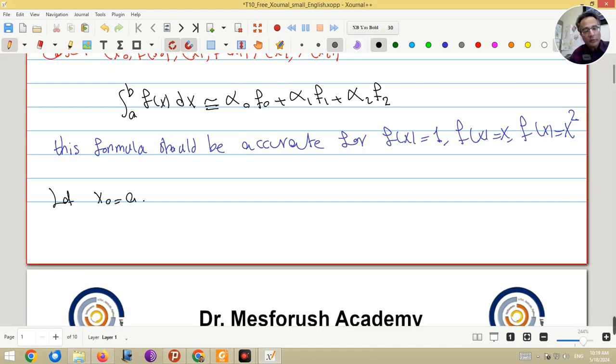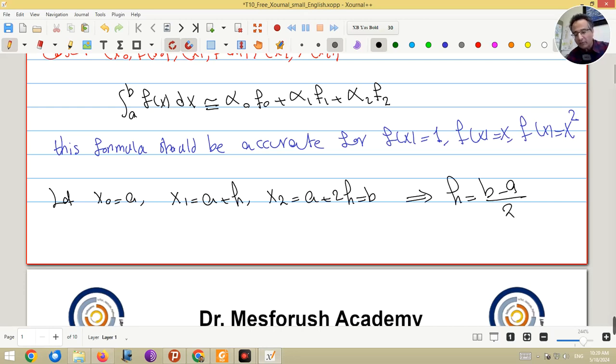x0 be equal to a, x1 be equal to a plus h, and x2 be equal to a plus 2h equal to b. So this implies that h is equal to b minus a over 2.